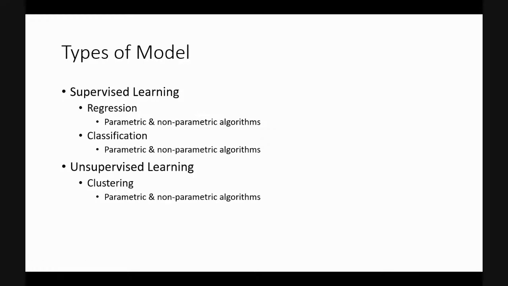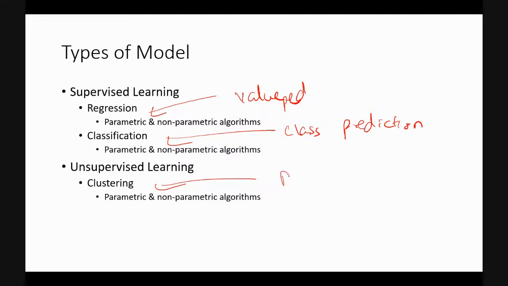What do I mean by common problems? When I'm predicting a value, it's called value prediction, regression. If I'm predicting a class, it is class prediction. When I'm predicting, let's say, a possible grouping, that is clustering.